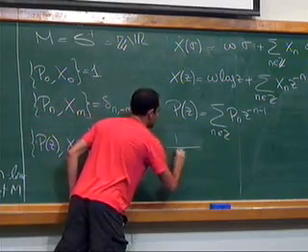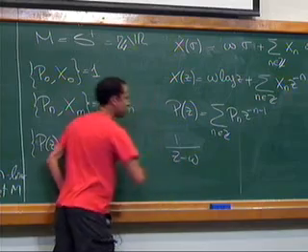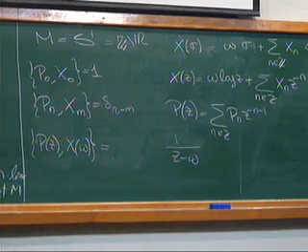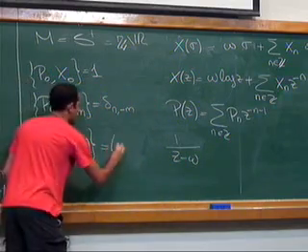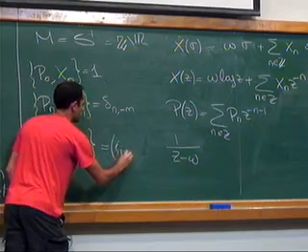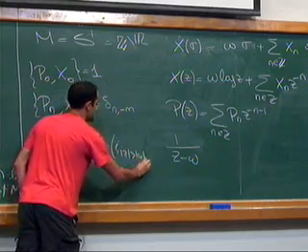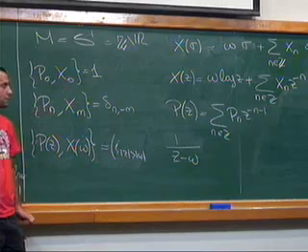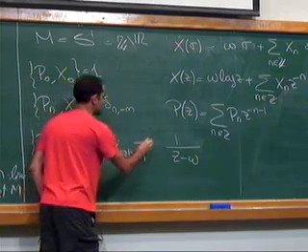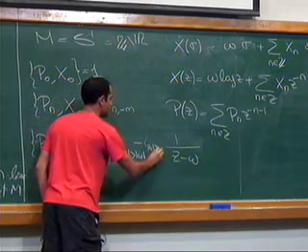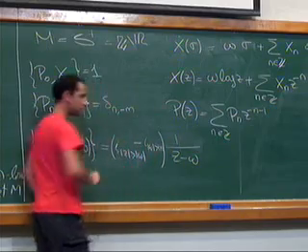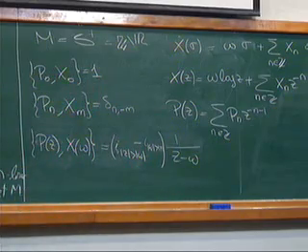You just grab the function 1 over Z minus W. This is a formal sum. If you expand it in the domain where Z is bigger than W, this just means expand it in power series of W over Z, and subtract the expansion in the domain where W is bigger than Z. These are just two different sums. The difference is what people call the delta function.